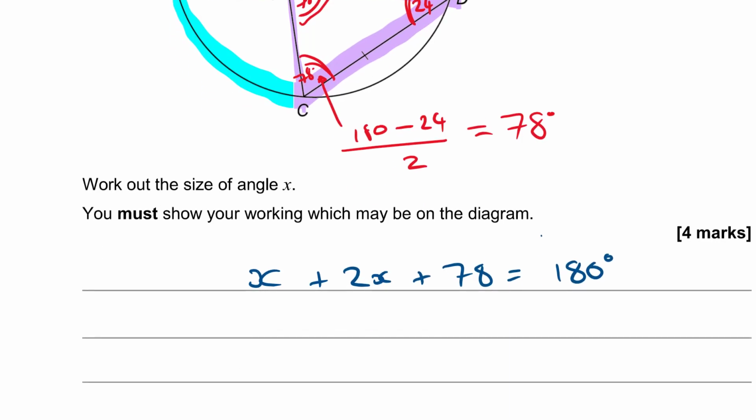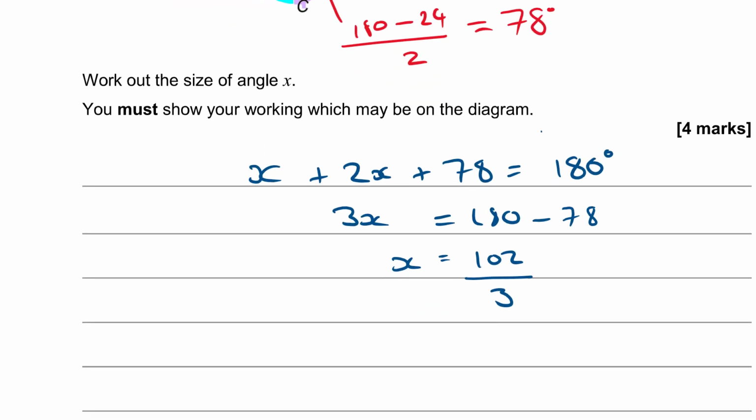So collecting like terms, 3x is going to be 180 subtract 78. 180 subtract 78 is 102, and 102 divided by 3 is 34. So x is equal to 34 degrees.